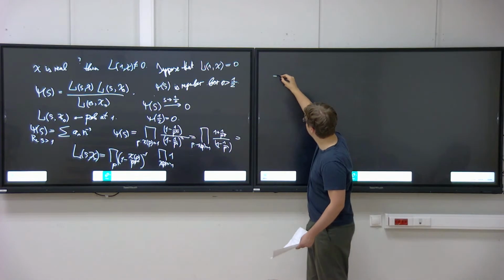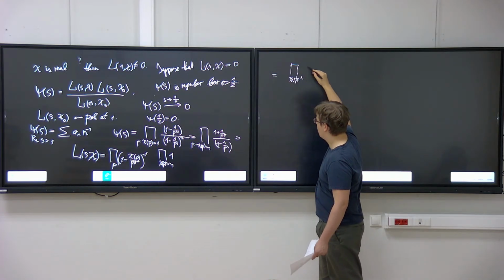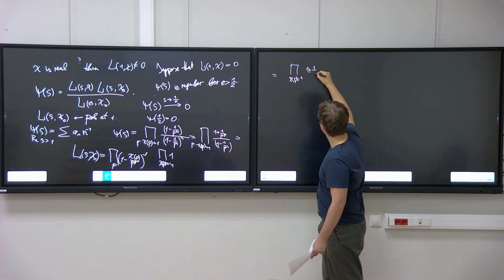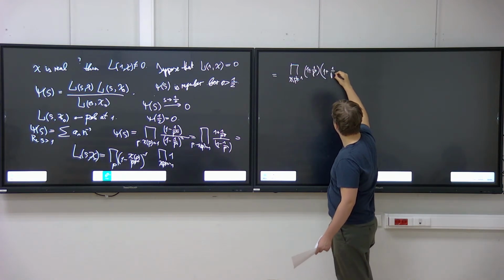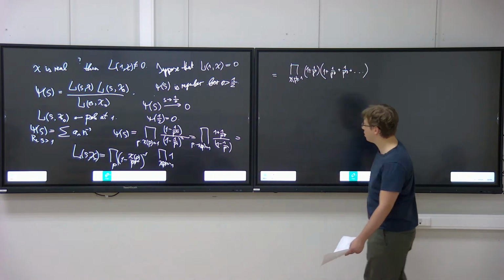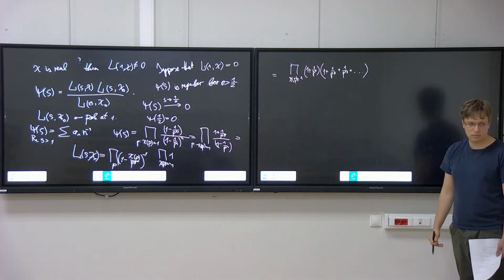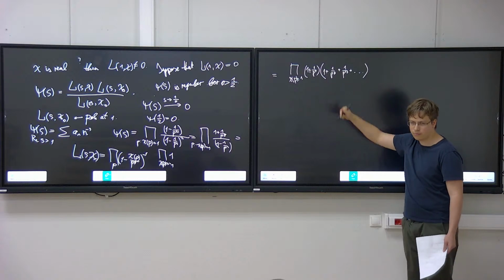This is equal to the product of 1 plus 1 over p to the power s multiplied by 1 plus 1 over p to the power s. And all these are positive.